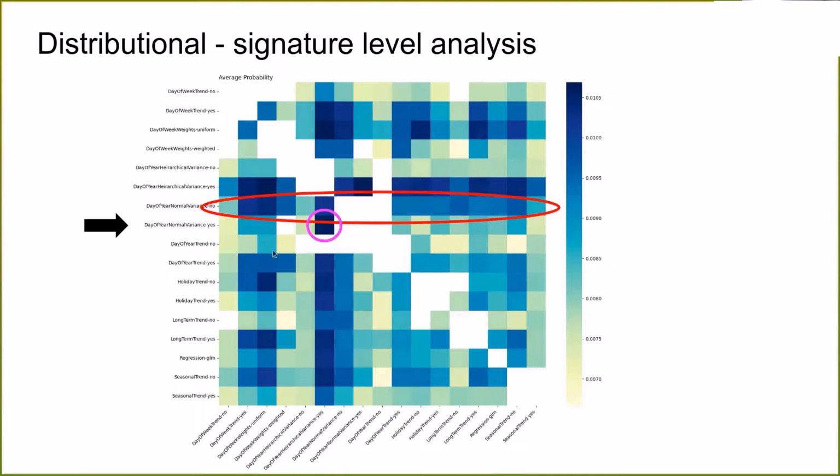So you can't interpret this as saying, well, since implementation no for days of year normal variance in general tends to work better, I'm going to completely disregard any model that contains days of year normal variance yes. That's not going to work, because this only shows you any distinct relation between implementations that tend to fare well with other implementations. So you can't really interpret this as a way to prune out bad implementations.